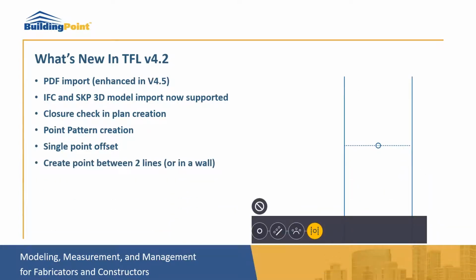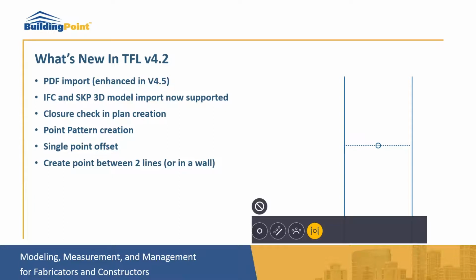They also added the possibility to create points between two lines, or I should say in a wall. Very, very useful or appreciated command for plumbers that need to sometimes position pipes directly in the middle of some walls. So by selecting two lines on a background file and then clicking anywhere between those two lines, the TFL software will automatically calculate the mid distance between those two lines.